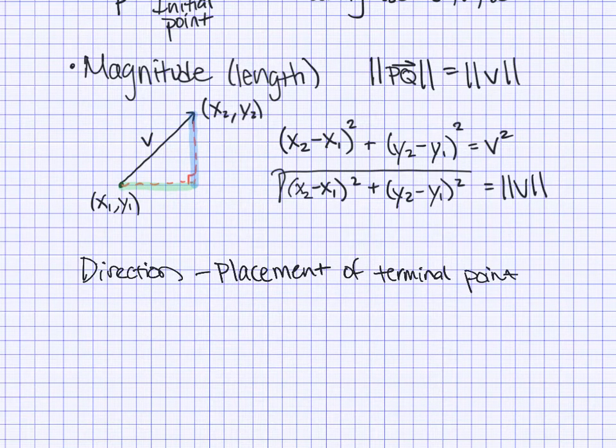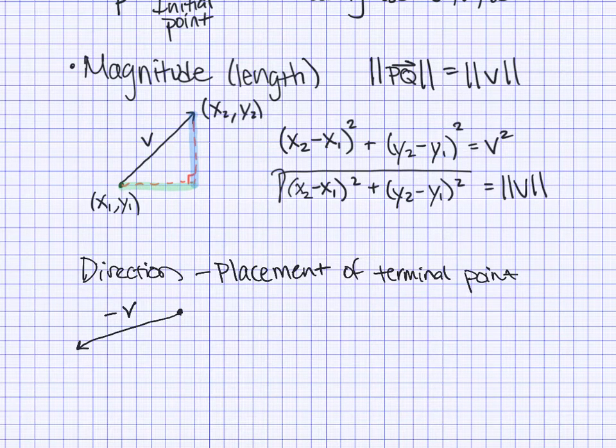So for us, that's our point Q. For instance, if I have my initial point here and my terminal point is over here, this is going in the negative direction, so we can say this is negative.